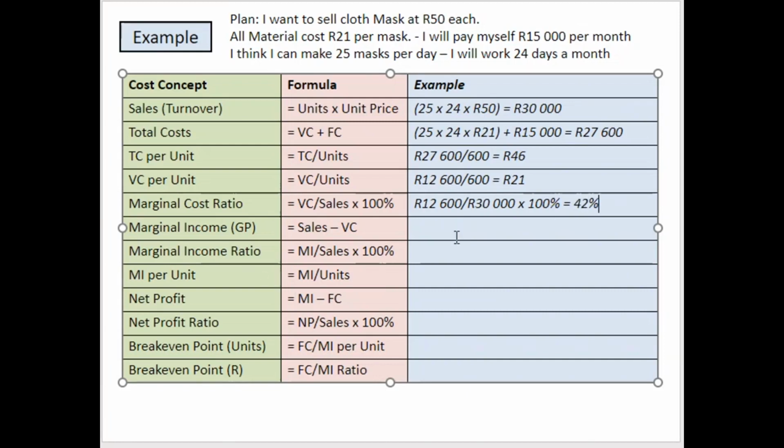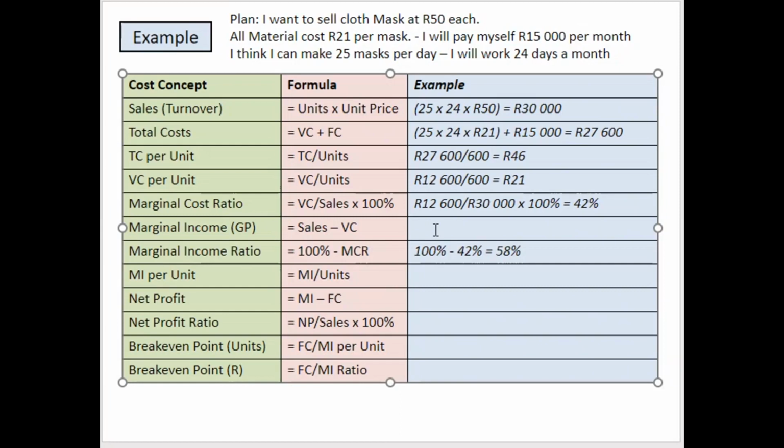Now I don't even have to do anything else. Here I can already calculate my marginal income ratio. That is simply 100%, and I'm going to change the formula here because I'm using the other formula now. 100% minus my marginal cost ratio, which I've just calculated as 42%, and you should see that of course is 58%.